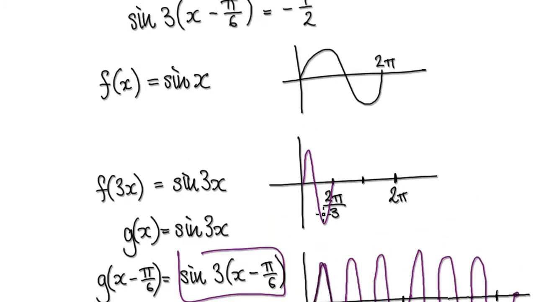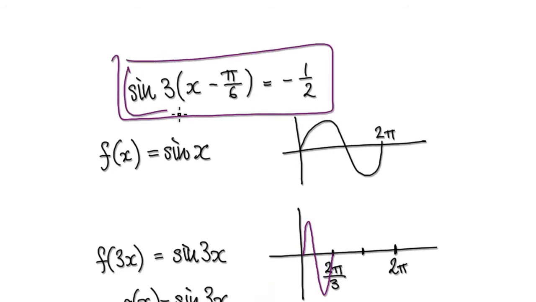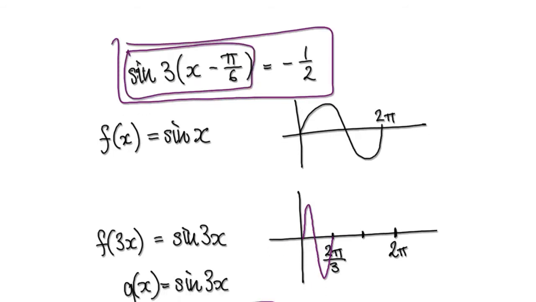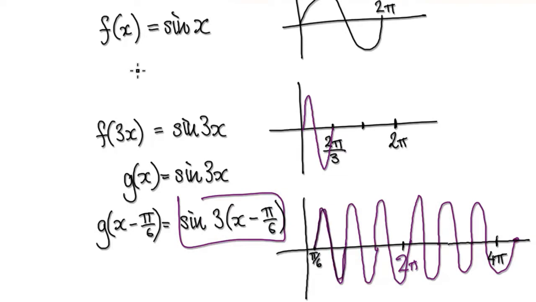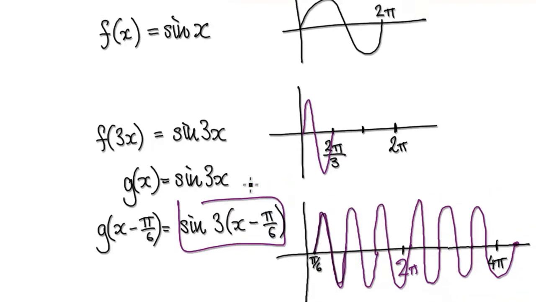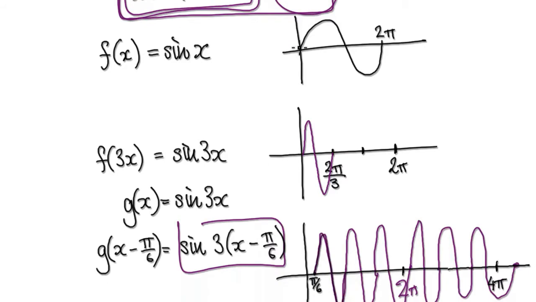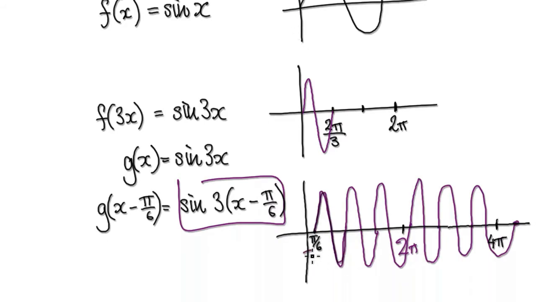Remember, we are trying to solve this here. This thing will give us this graph, and we're trying to find out when this will be equal to minus a half. This thing here is -1, so minus a half would be here.